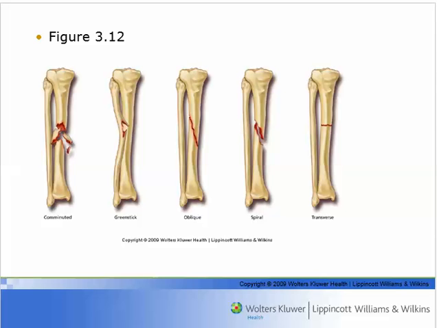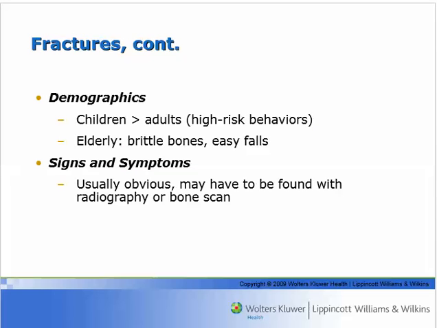So the bone compresses into itself, especially common in vertebrae or in hips where the head of the femur drives towards the greater trochanter, things like that. People that engage in high risk behaviors and elderly and people that fall easily are who get them.